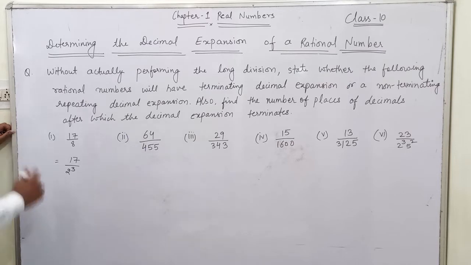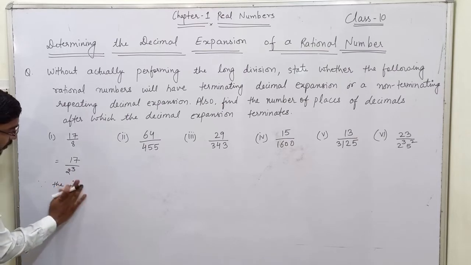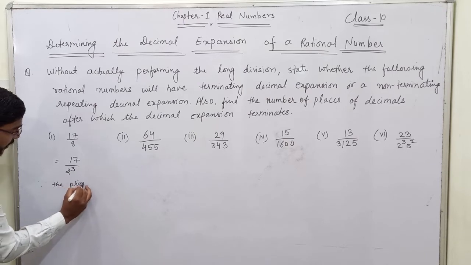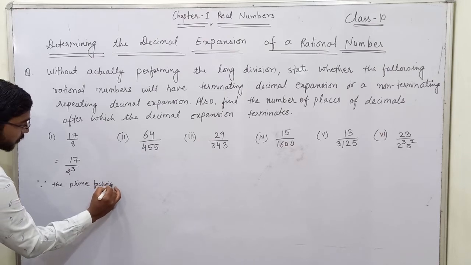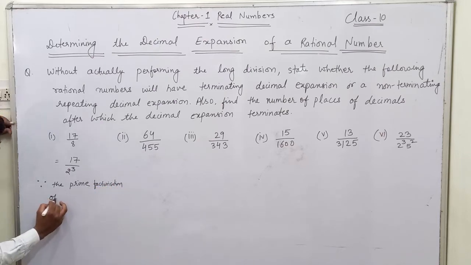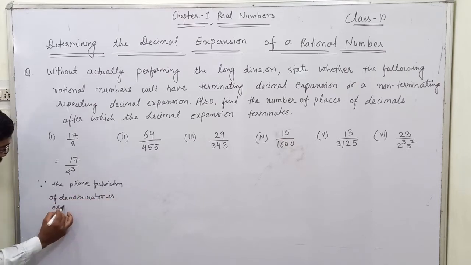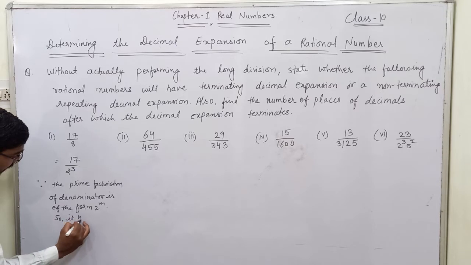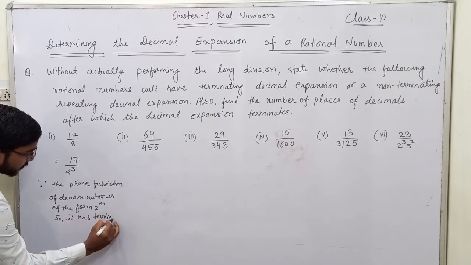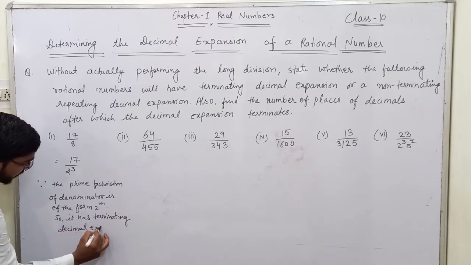Since the prime factorization of the denominator is of the form 2 power m, it has a terminating decimal expansion.